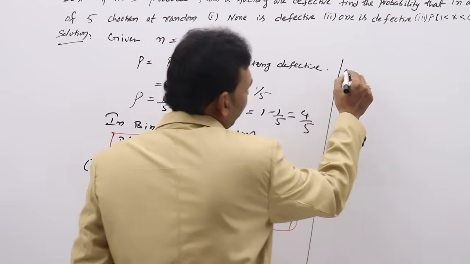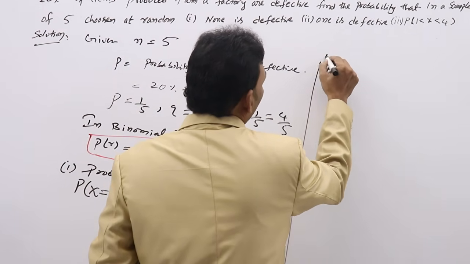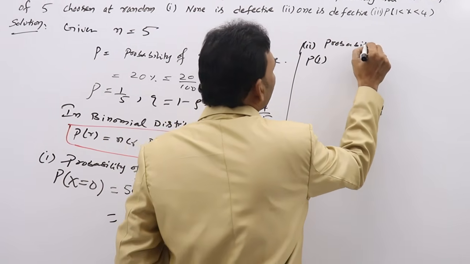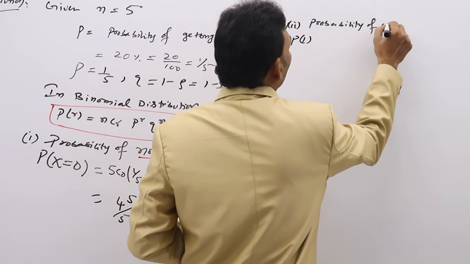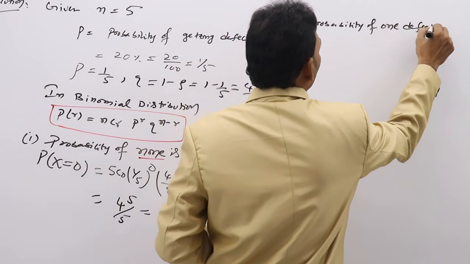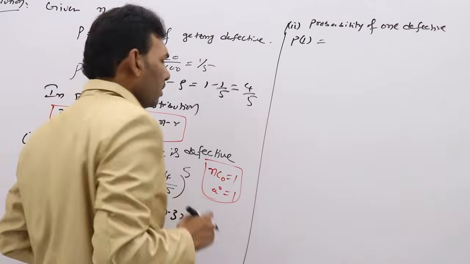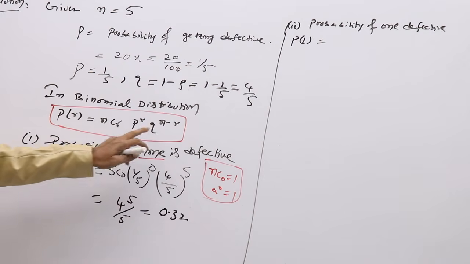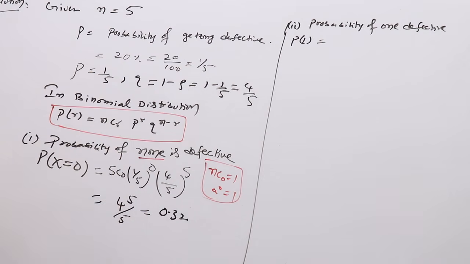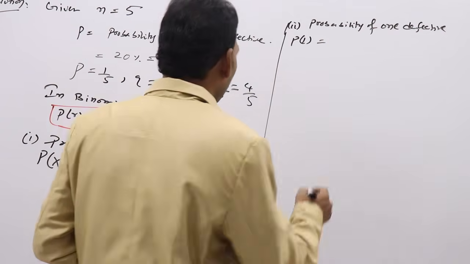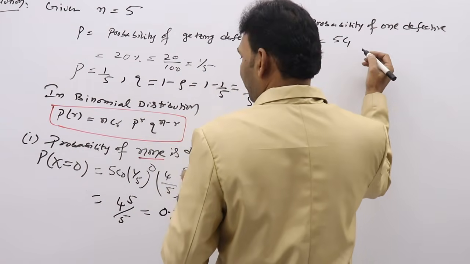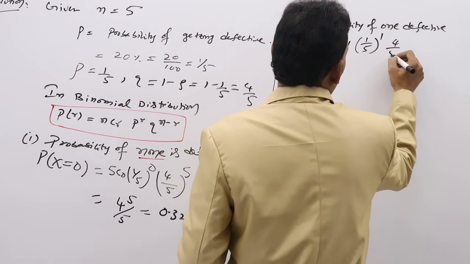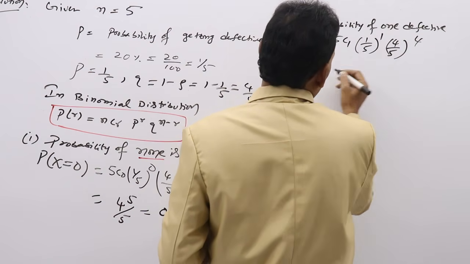Okay. Coming to the second bit. 1 is defective. That means probability of 1 we need to find. Probability of 1 defective. So the same thing. So in this formula, write 1 in the place of r, substitute n, p, q values, you will get the answer. So 5C1, (1/5)^1, (4/5)^(5-1).